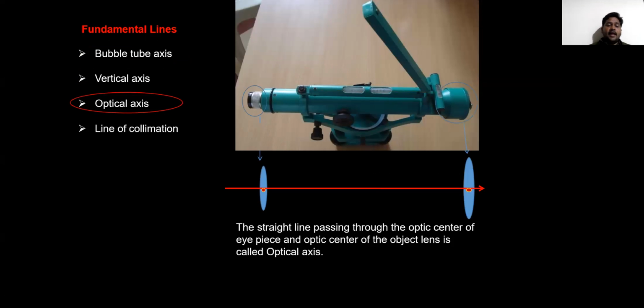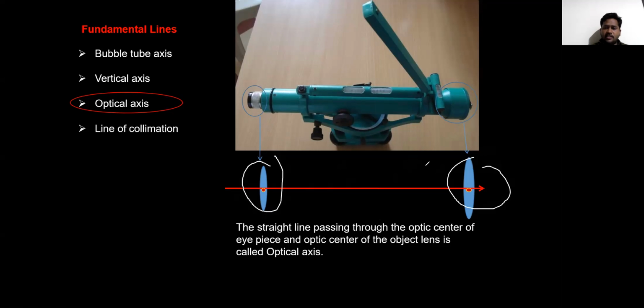Now, optical axis. The straight line passing through the optic center of the eyepiece and the optic center of the object lens is called optical axis. If you see, this is called diaphragm, and this is the eyepiece.